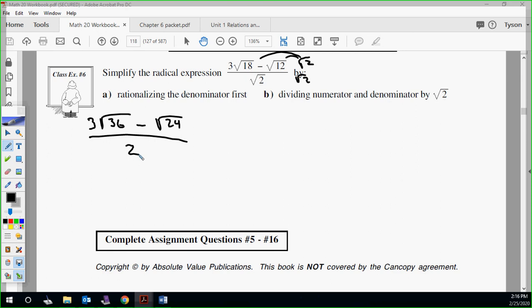We know that root 36 is just 6, so it's 3 times 6 now. We know root 24 breaks down to 4 times 6.